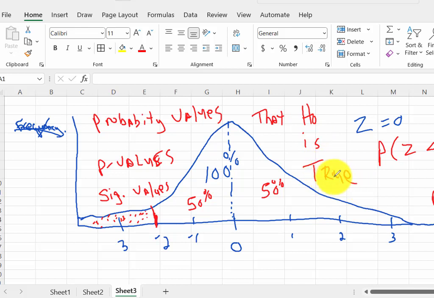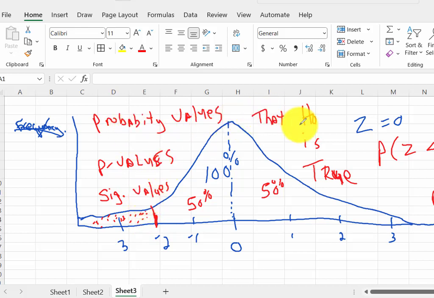So in other words, if I told you I had a car that I'd like to sell you, and I'm saying it runs in perfect shape. If you get a probability value of like 95% that the car does run in shape, you would probably buy the car. But if you had a probability value of like 2%, the car runs well and it's only 2% true, you probably would not buy that car, right?